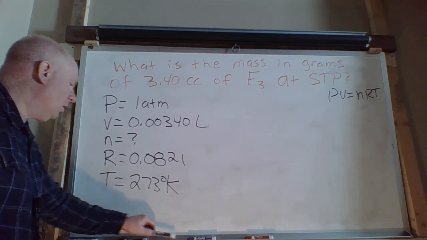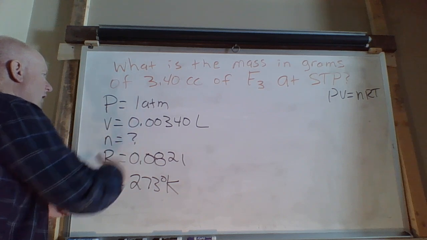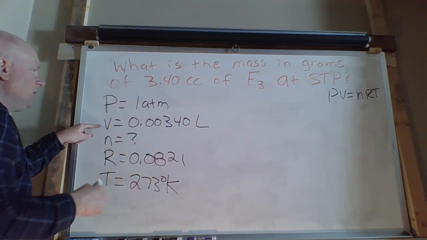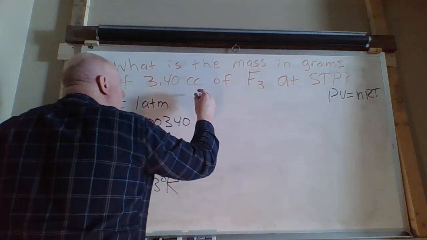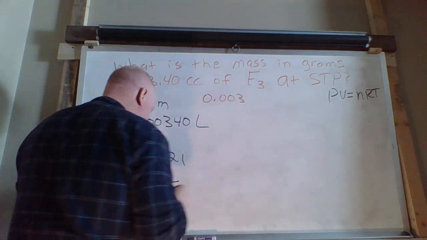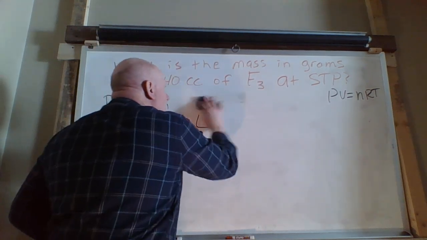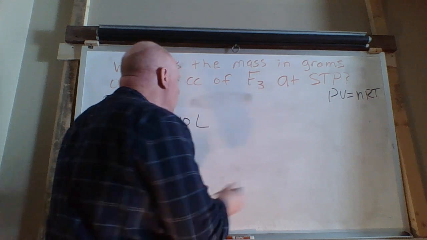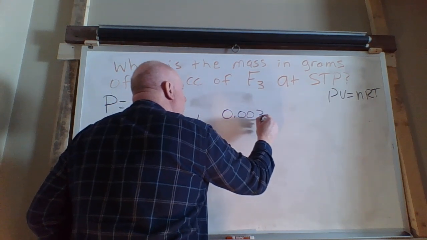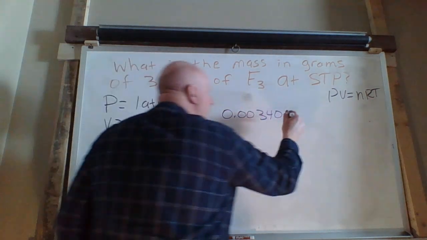So what do we mean by that? Well, if we put this together where everything belongs, we know anything times 1 is just going to give you the same number. I meant to use a different color marker. Let me start over with that. 0.00340 times 1 just gives you the same number.